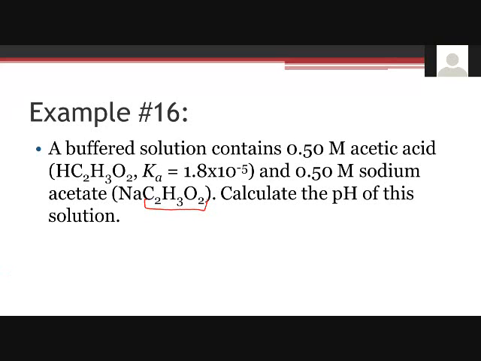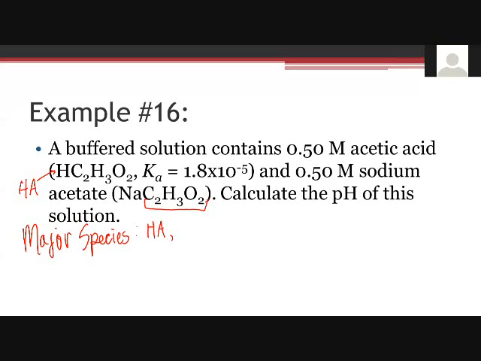If we think about everything that's in the beaker, the major species, sometimes you might have to think about this yourself, so it is good practice, but to save time, sometimes I don't do it. We've got our acid, which I'm going to call HA.